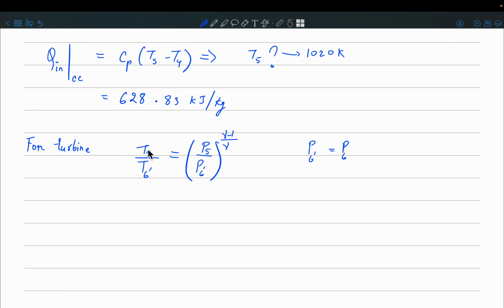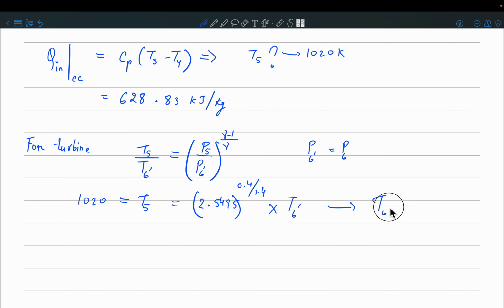So now given T5, we need to find T6 prime, and P5 by P6 we found earlier, that was equal to 2.5495, right? In this to the power 0.4 by 1.4 multiplied by the value T6 prime gives me T5, but T5 we know from the question is 1020, so now we can find T6 prime.